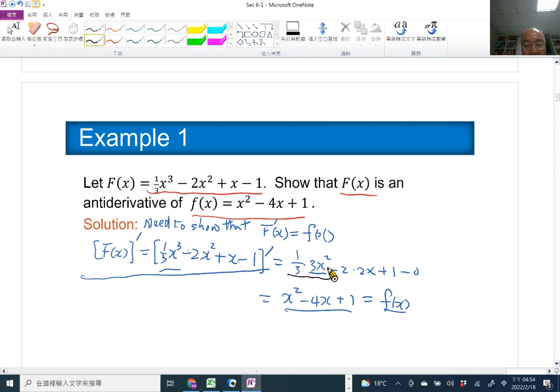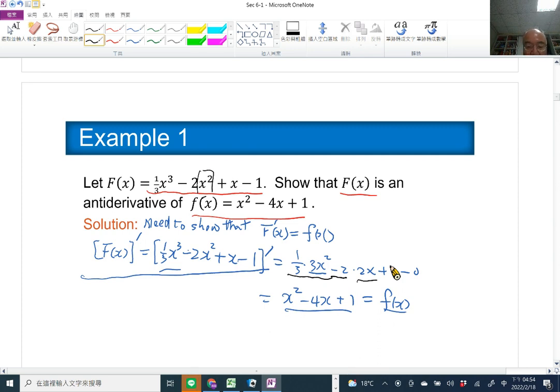So we have 3 times x to the power 2. And minus 2 is a coefficient, and x squared after derivative is equal to 2x. And after the derivative of x, we have 1. And minus 1 after derivative is equal to 0.